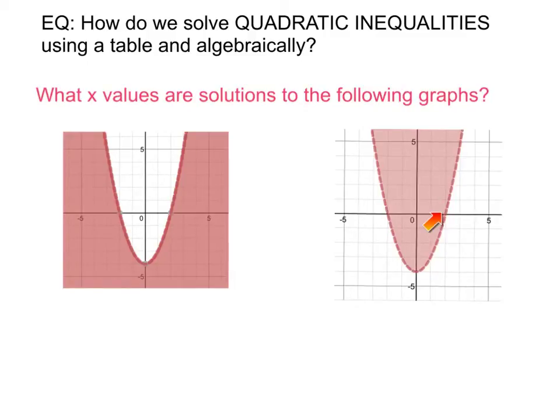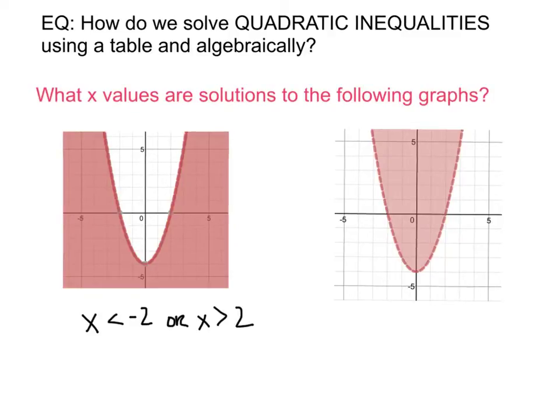But if I wanted to write an inequality for just the x values that were solutions for this first and second graph, in this first graph we noticed that the solutions would be split from -2 into the negatives and from +2 on. So this is an OR situation. All of my solutions happen whenever x is less than -2 or when x is greater than +2.